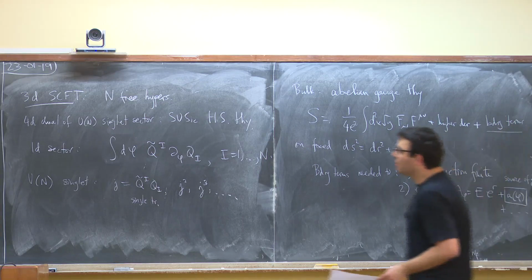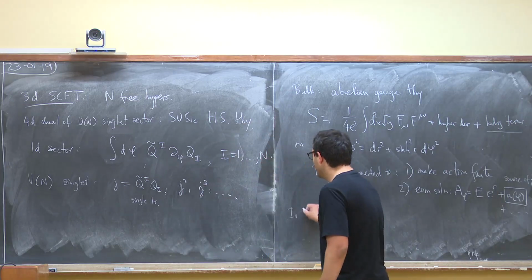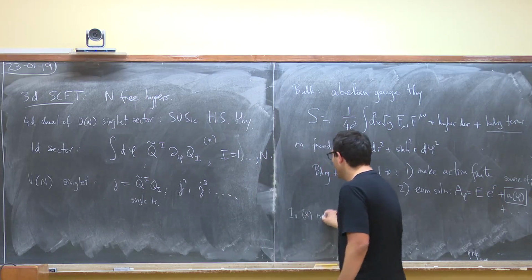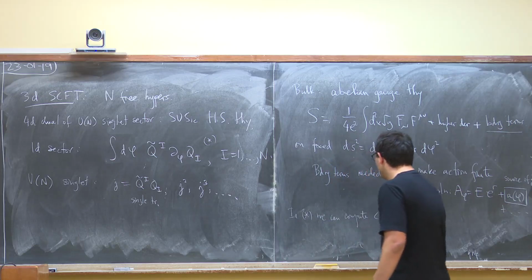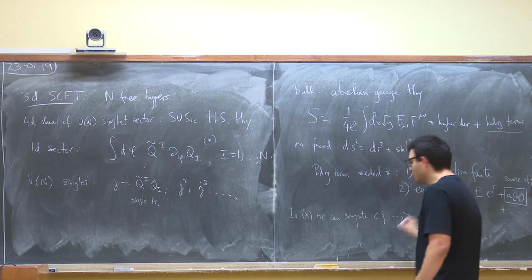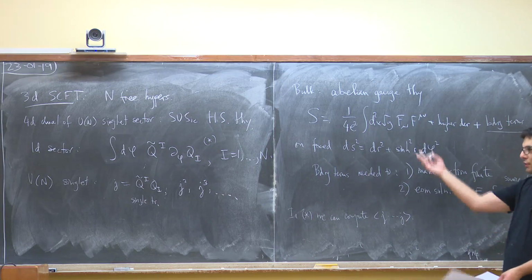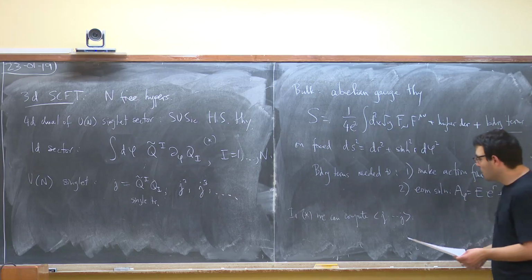Because the boundary theory is so simple, we can actually compute. In this theory, we can compute all n-point functions of J. Well, we can get the answer at all orders in n, but suppose we take the large n limit.